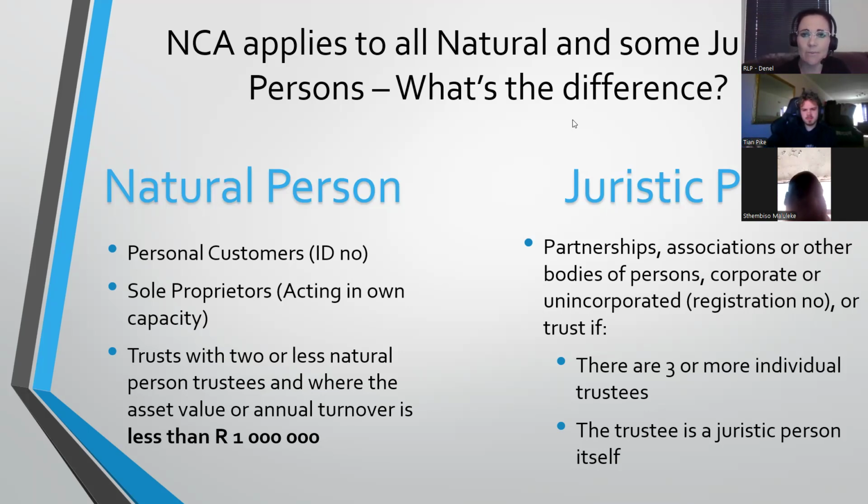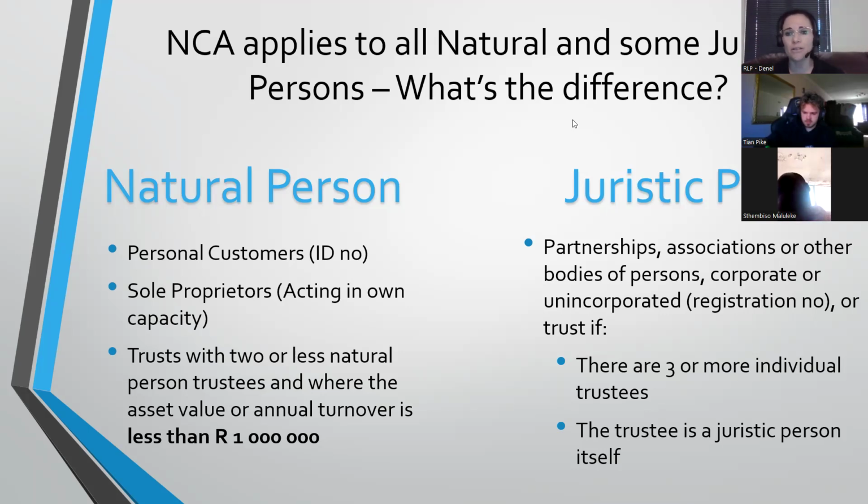So in the exam, if you need to identify whether a trust will be considered a natural person or not, the first thing you think about is two or less natural person trustees. And the second thing is that the annual turnover or the asset value is less than 1 million. Okay, so that's a natural person.